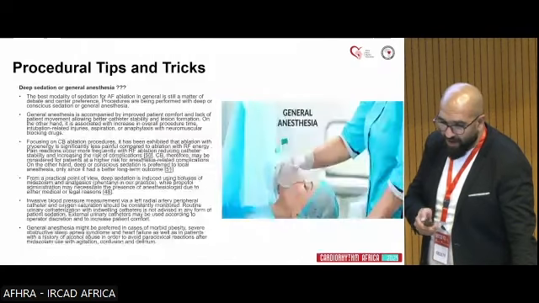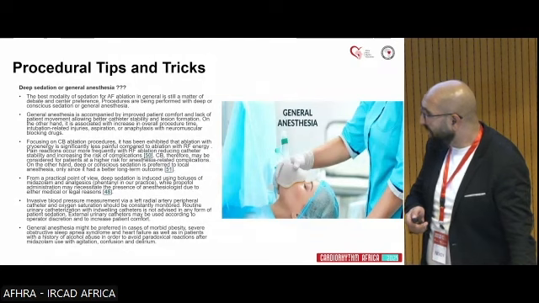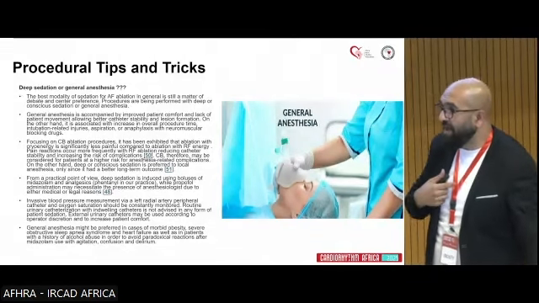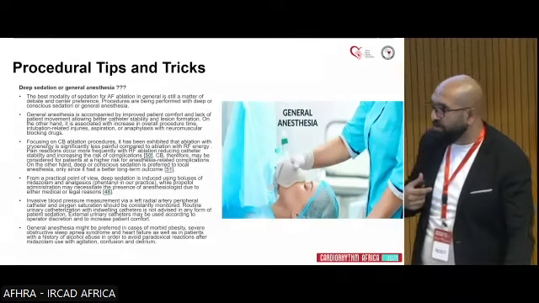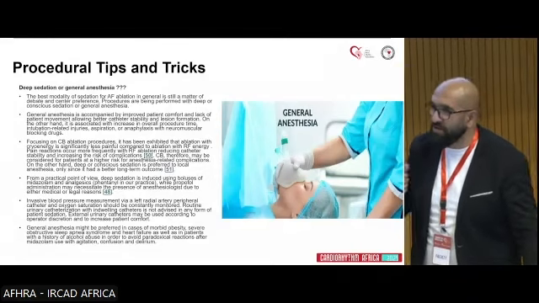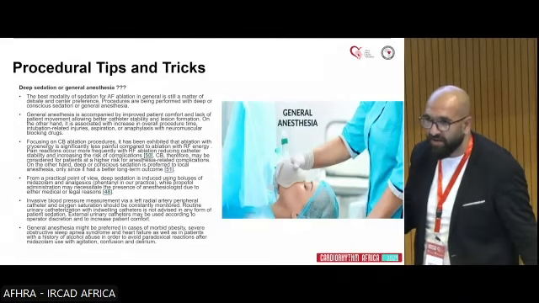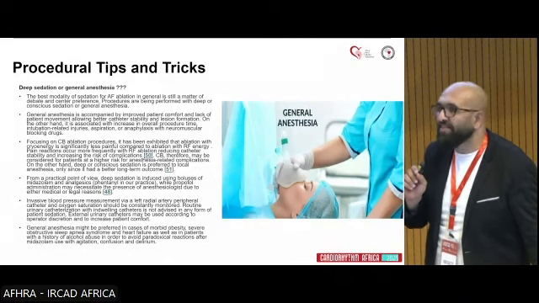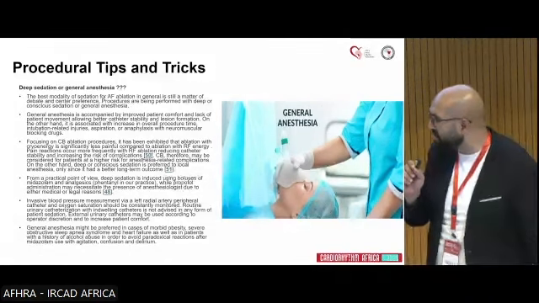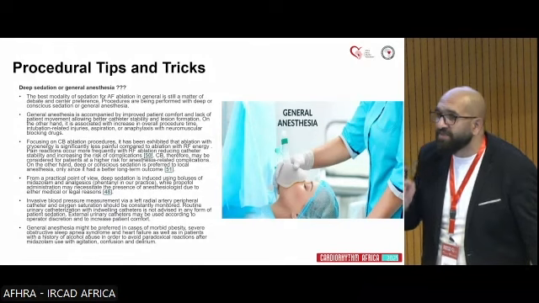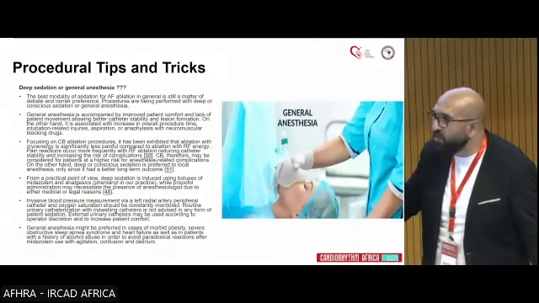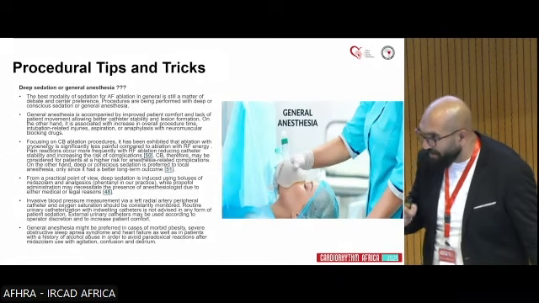Okay, here are procedure tips and tricks. Before the procedure, when I was an operator and the patient came to me, I asked anesthesia, okay, what is the important thing that I will tell the anesthetist to do? The important thing is that I don't want muscle relaxant to extend more than 20 or 30 minutes.